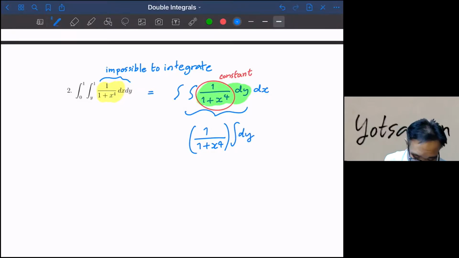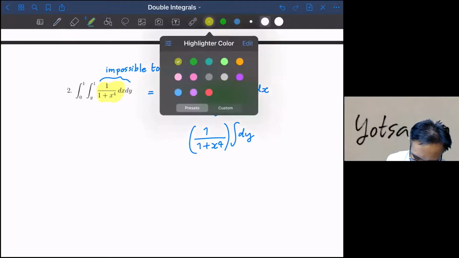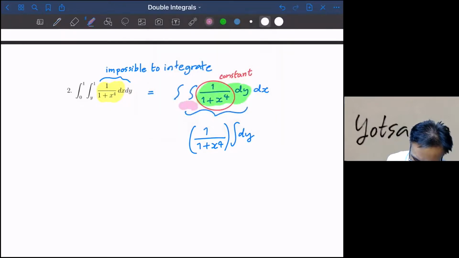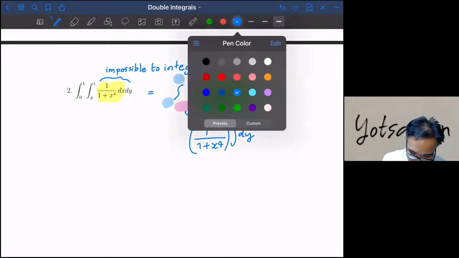So the thing that we will need is the pink one up here, and we will need the blue one up here for the upper and lower limits that we are reversing. So the same thing, you write down what you see.